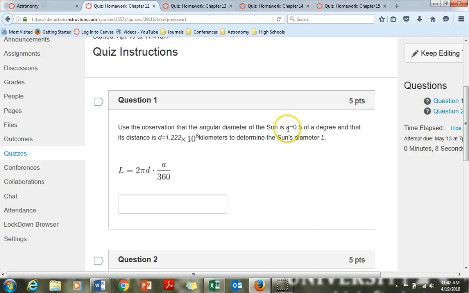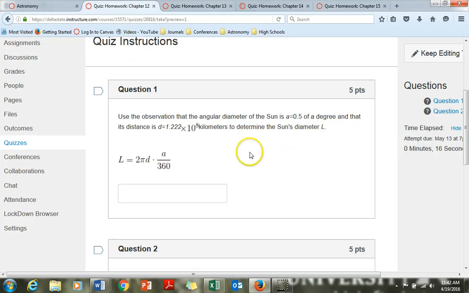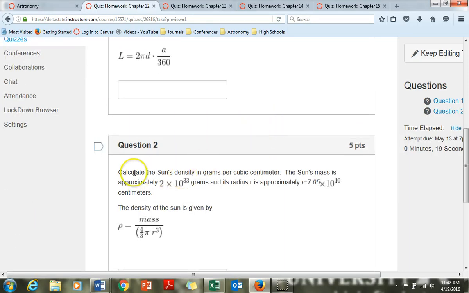Angular diameter of the sun is A equals 0.5 of a degree, and that its distance D is 1.22 times 10 to the 8th kilometers. Determine the sun's diameter L. And now we have L equals 2 pi dA over 360. So number 1 on 12 is working now.